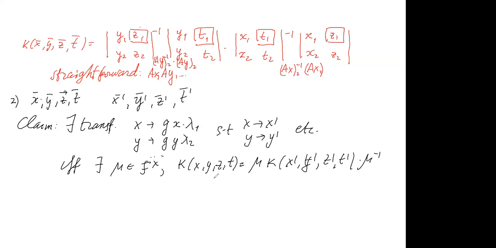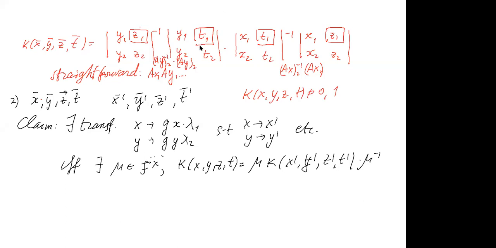Well, the proof is pretty straightforward on one hand. One assumption we need to make is that k of x, y, z, t is not equal to 0 or 1.